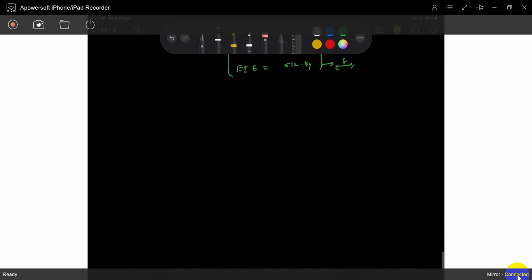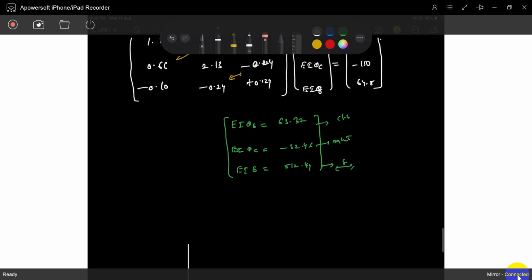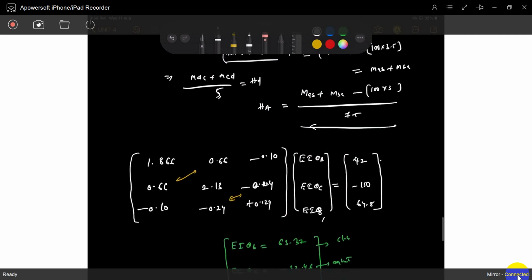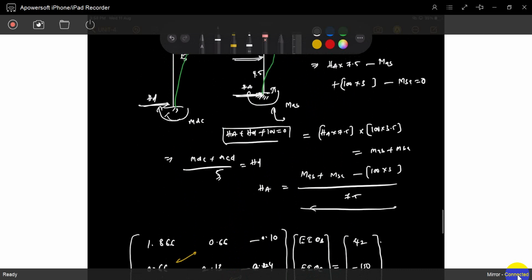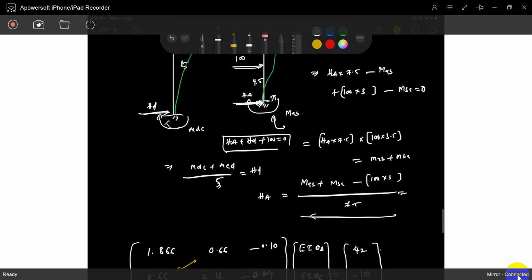Now I will write down the equilibrium, the free body diagrams, because we have 3 minutes time. So I will write the equilibrium equations. What is HA and what is HD? You already know MAB and MBC.